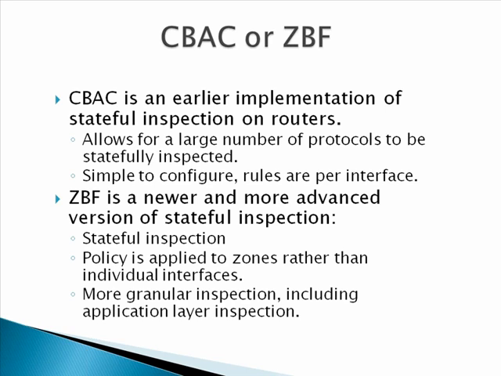For simplicity's sake, you could apply that inspection rule outgoing on the external interface, but that's how they're applied. There's a few bells and whistles for embryonic, half open SYN flood type limiting and a few other things. But for the most part, all you do is say, I want to inspect this protocol, this protocol, this protocol, and then you apply the rule to an interface. So really super simple to set up.